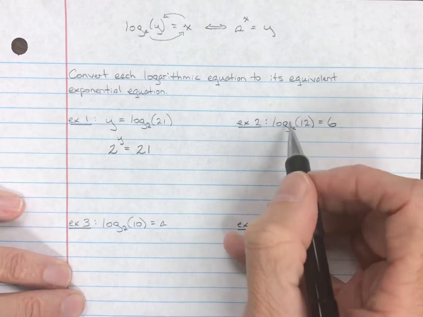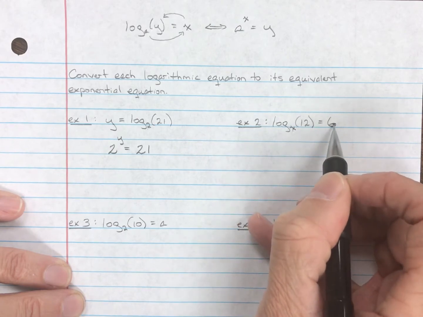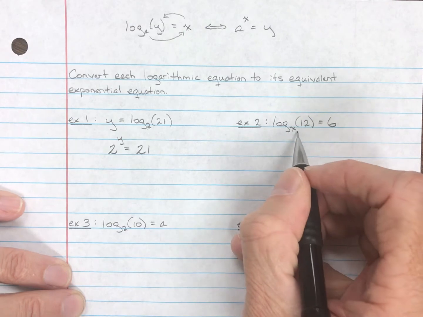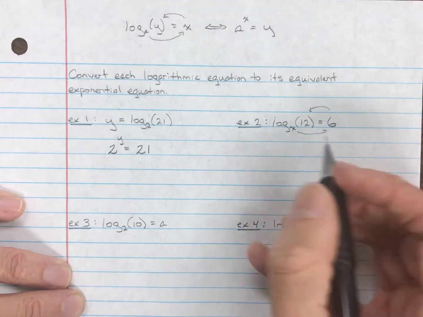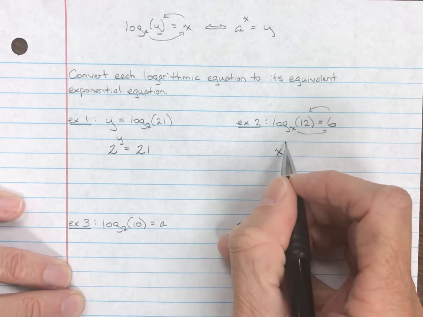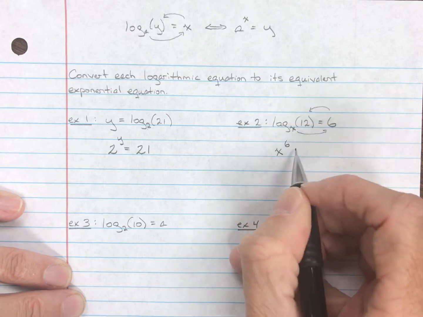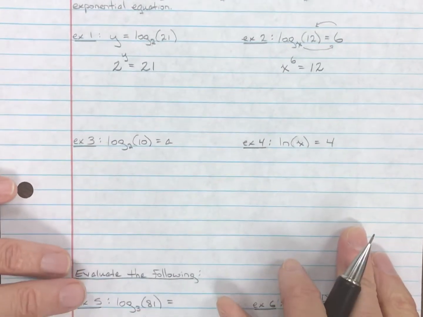Example 2: log base x of 12 is equal to 6. Again, log is an exponent. This is the base, and this is my little mental mnemonic: x to the 6th, base to the exponent equals the argument. And we have that.